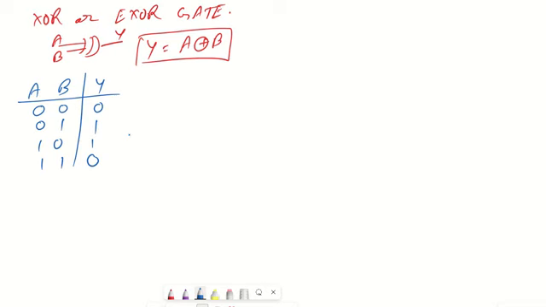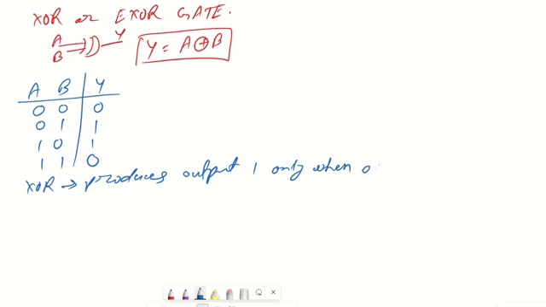It means you can also write down a definition. My XOR gate produces output 1 only when an odd number of inputs are ones.